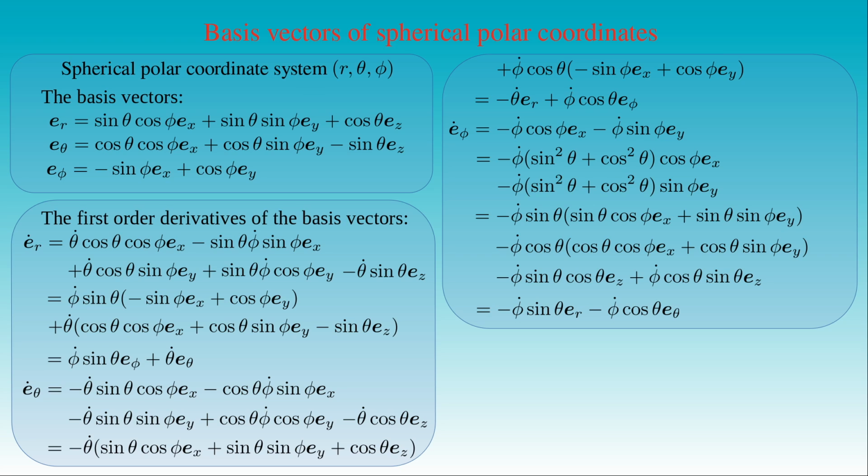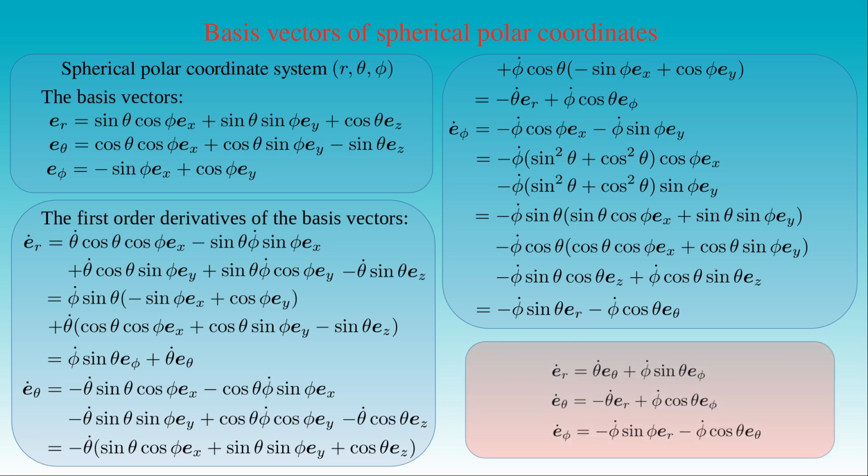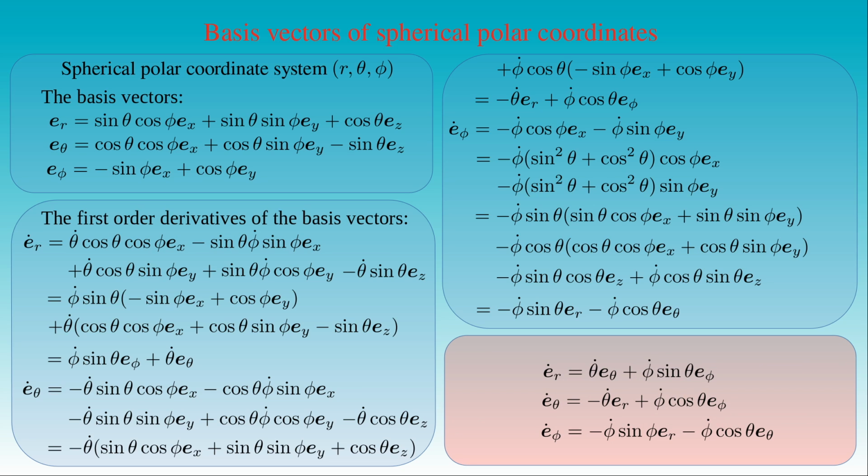Now we see that we could express the derivatives of the basis vectors in terms of the basis vectors themselves. The derivative of the basis vector er is a linear combination of the basis vectors e theta and e phi, where the coefficients of the vectors are functions of the angular coordinates and their derivatives. The derivative of the basis vector e theta can be written as a linear combination of the basis vectors er and e phi with the coefficients depending on the angles and their derivatives.